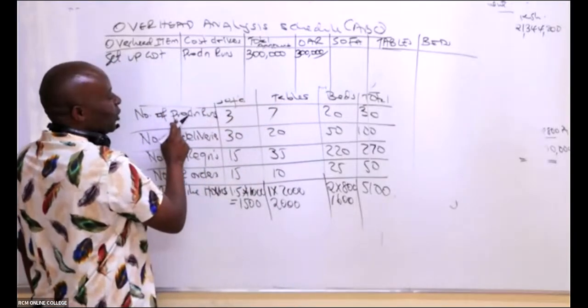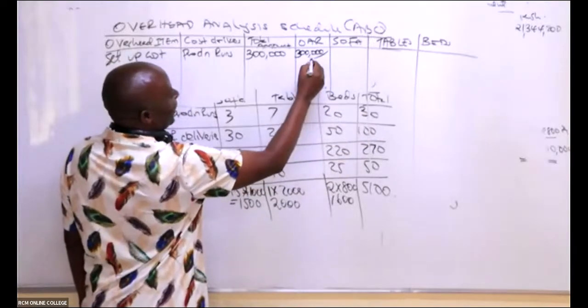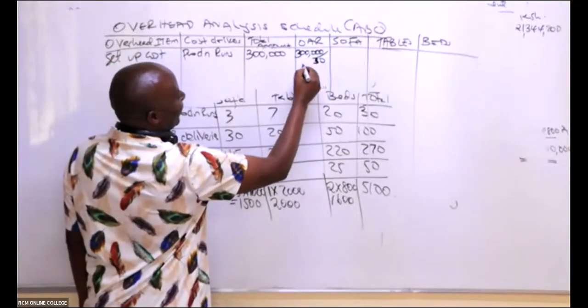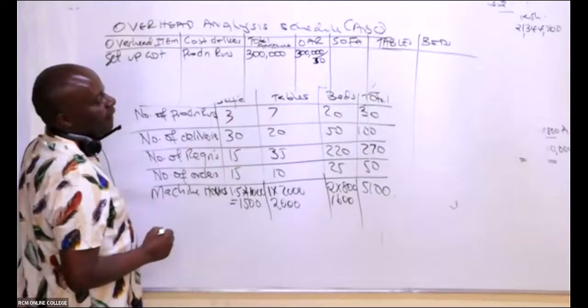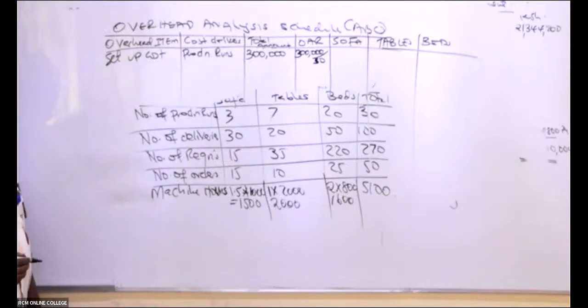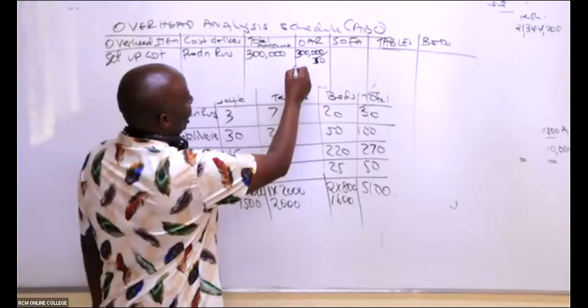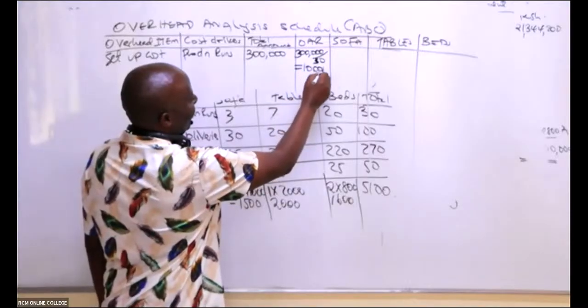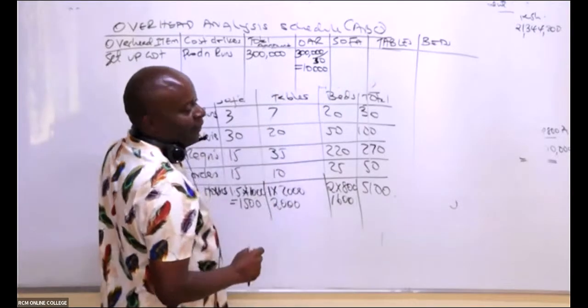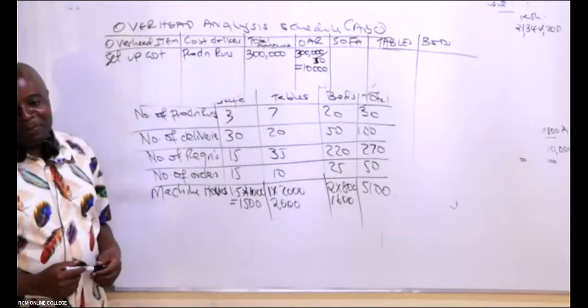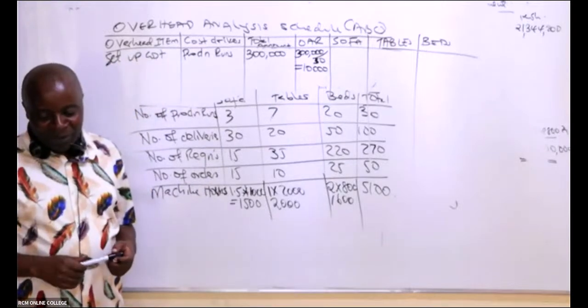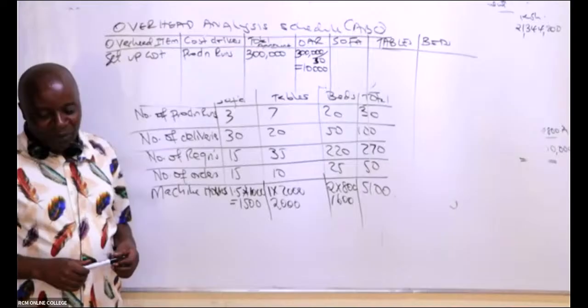Total production runs are 30. You divide by 30. So I'm being given a figure of 10,000 per run.